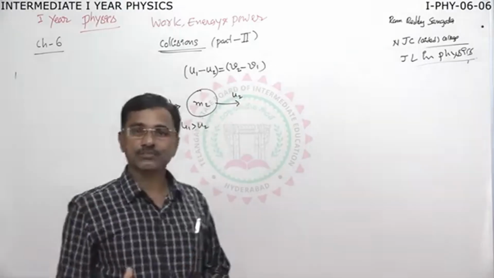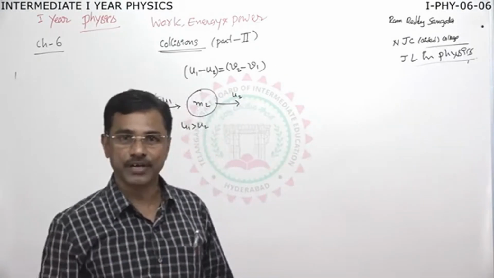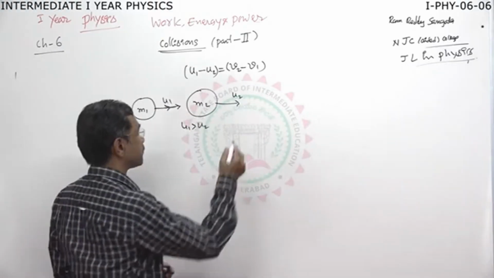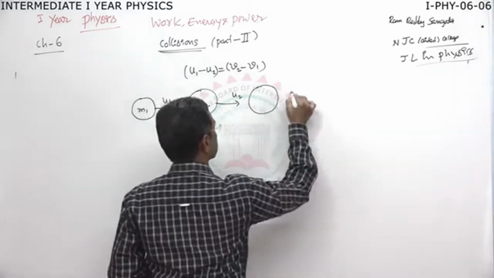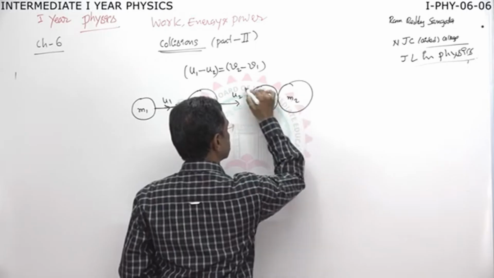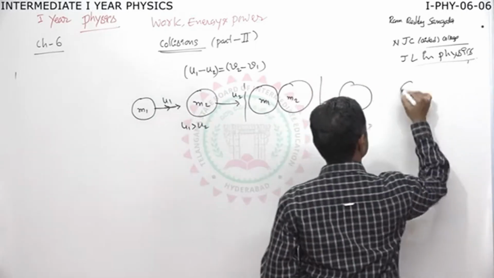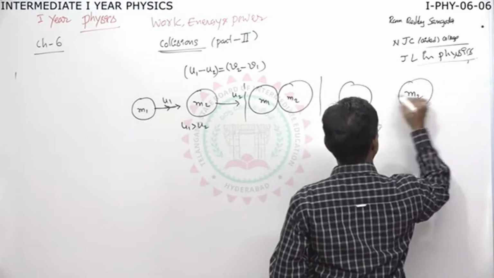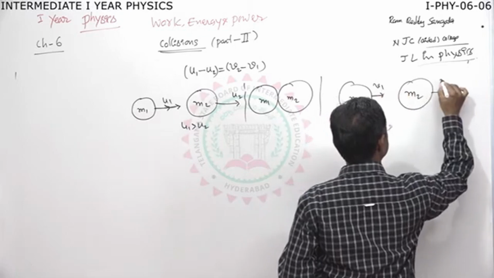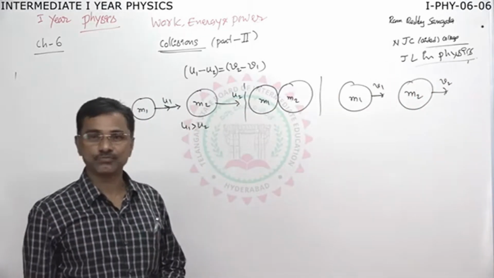Both the balls, perfectly smooth and spherical, non-rotating balls moving along the same path, collide, and then they get separated out. This is during collision. They move along the same path, M2 and then M1 with velocities. Our intention here is to calculate the velocities after collision.